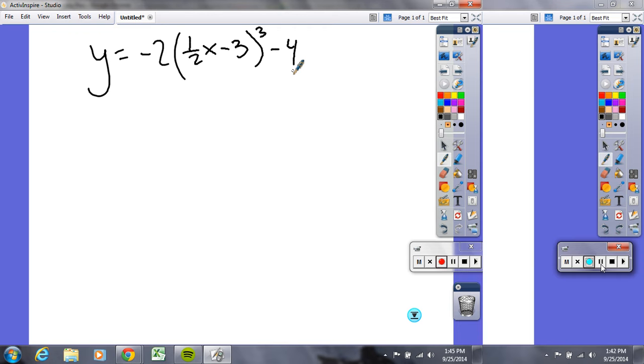The vertex? Does this really have a vertex? You could say it has a humpy hump thing. Is that not the correct terminology here in class? Okay, I don't know what to call it. It's like in the cubic. A humpy thing. I got it.